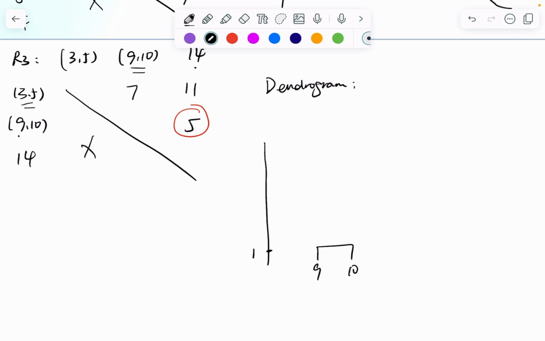And then it's the 3 and 5. Their distance is 2. So here is 2. Okay, so then it's the 14. It will be merged to 9 and 10. So their distance is 5. So we need to set, oh, it's too much, like this.